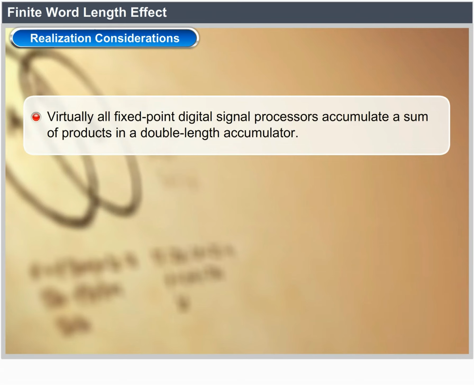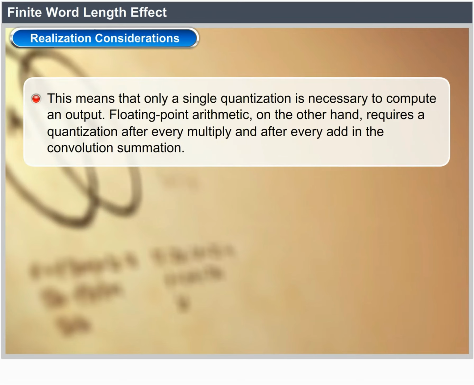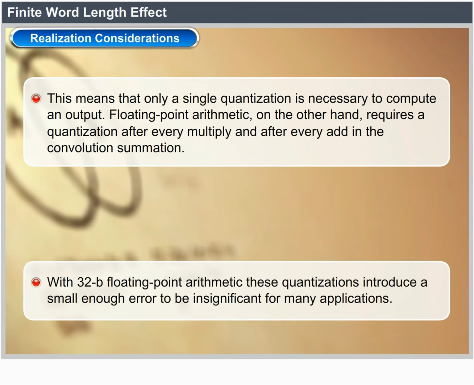This means that only a single quantization is necessary to compute an output. Floating point arithmetic, on the other hand, requires a quantization after every multiply and after every add in the convolution summation. With 32-bit floating point arithmetic, these quantizations introduce a small enough error to be insignificant for many applications.